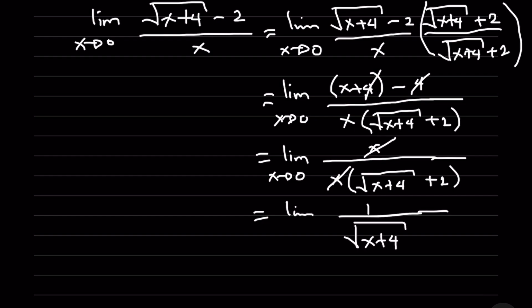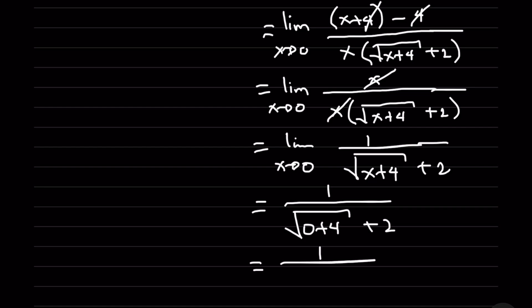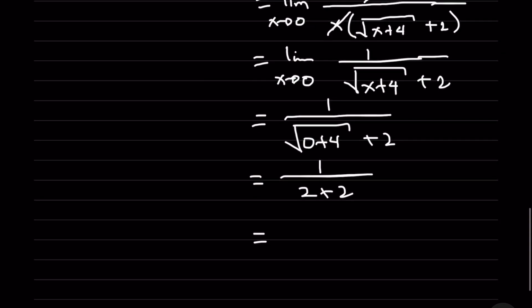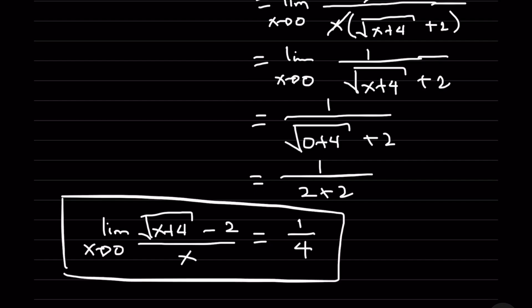So what's left is 1 over square root of x plus 4 plus 2. So you get the limit of that as x approaches 0. You simply have to substitute. So it will yield 1 over 2 plus 2 or 1/4. So that is the limit of the function.